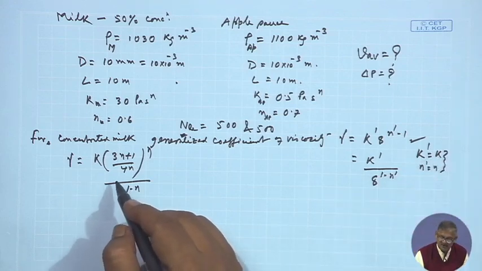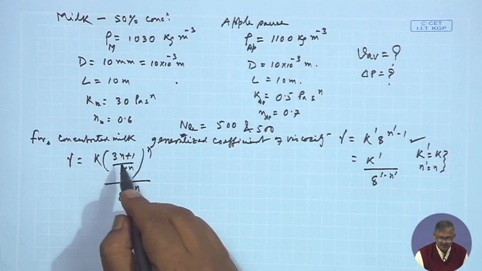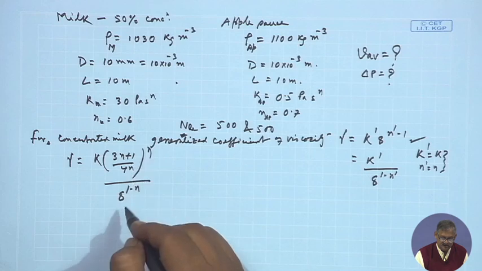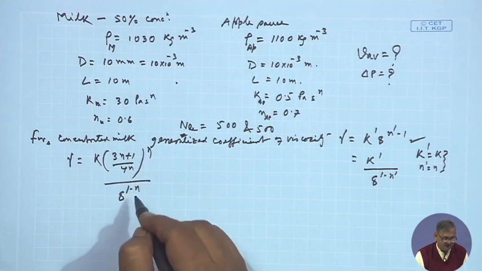So, it is in terms of K: K into 3n plus 1 by 4n to the power n, times 8 to the power 1 minus n.